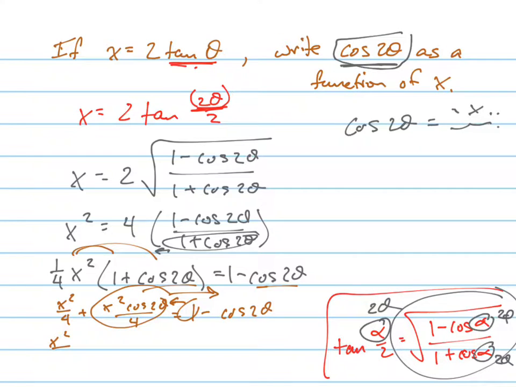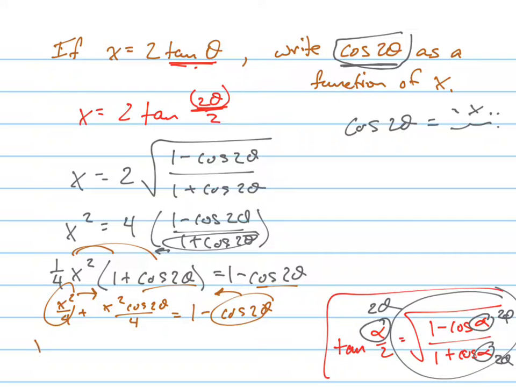So let's put that to this side, and we're going to put this to that side. So x squared over 4 minus 1 equals, actually, that was stupid. Let's move them in the opposite directions. Let's move this to the other side and this to the other side so that we don't have negatives to deal with.